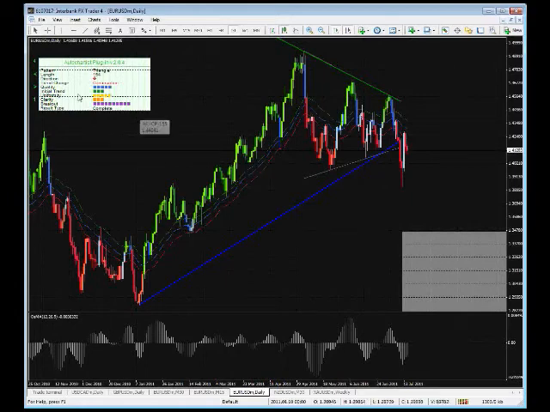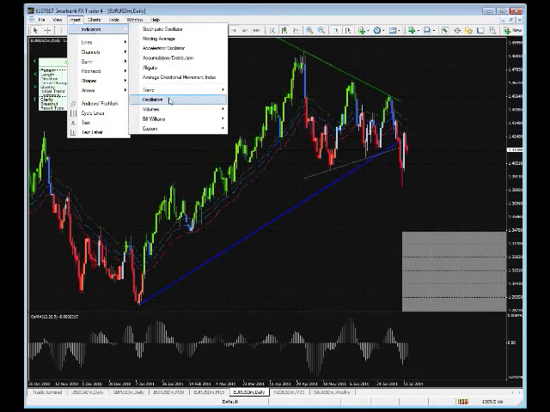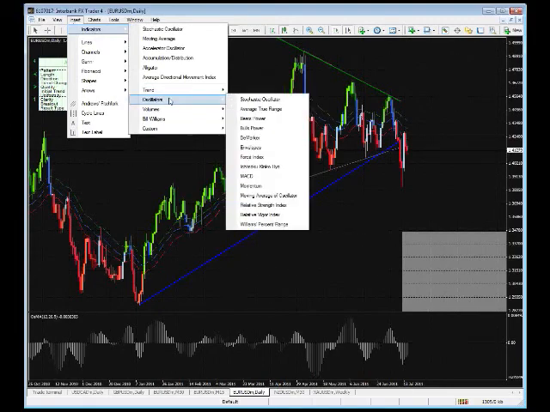Now on the MT4 platform, if you go down to the indicators and the oscillators heading, you'll see an indicator called the moving average of oscillator. And this is essentially simply an MACD histogram based upon the signal line.